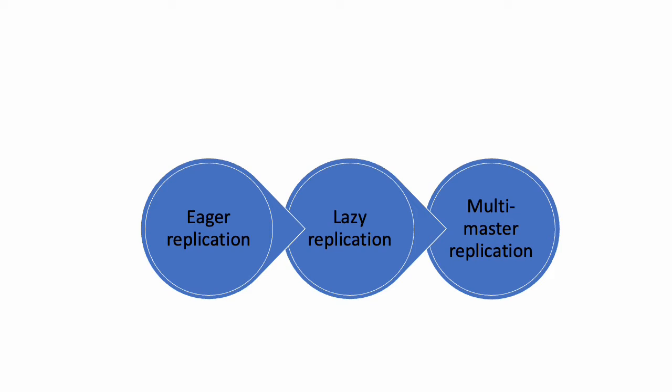But with lazy replication, a transaction can commit after updating one replica copy at some node. After the transaction commits, the updates are propagated to the other replicas, and these replicas are updated in separate transactions, whereas eager replication is together and lazy replication is in separate transactions.